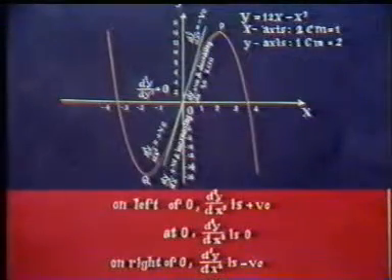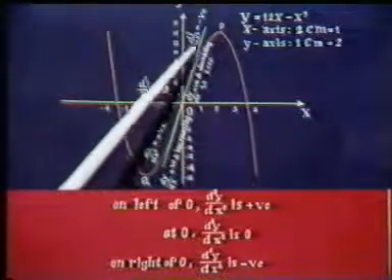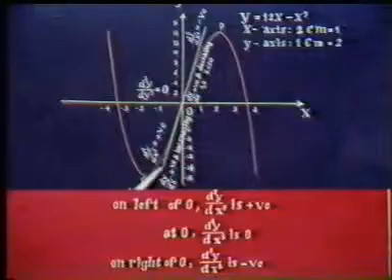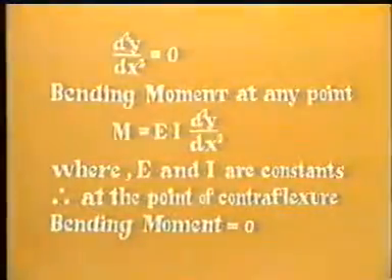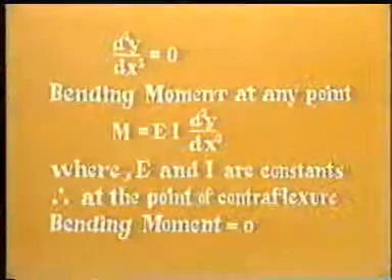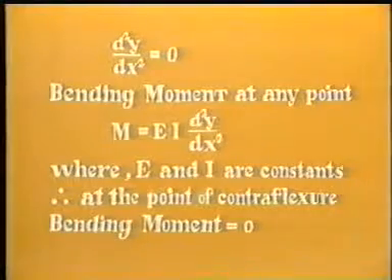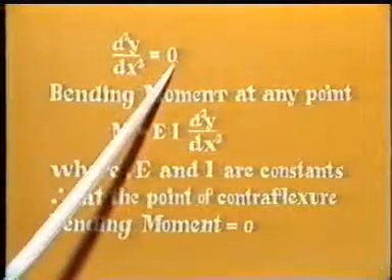At the point of inflection O, if we draw a tangent, it intersects the curve. This point of inflection is very important in bending of beams and is called the point of contraflexure. Thus, at the point of contraflexure, d²y/dx² is equal to 0.